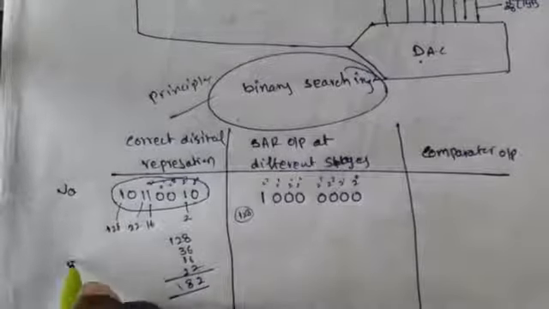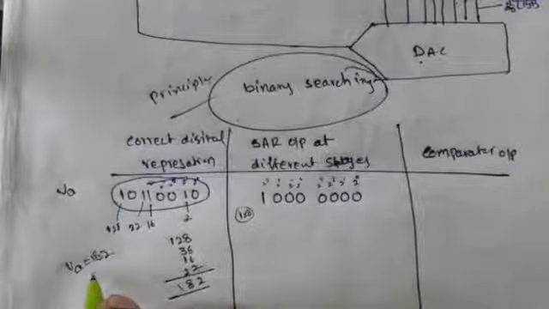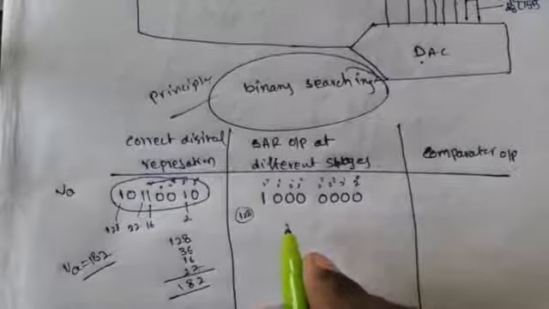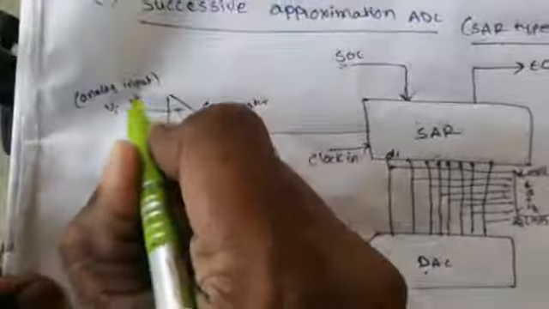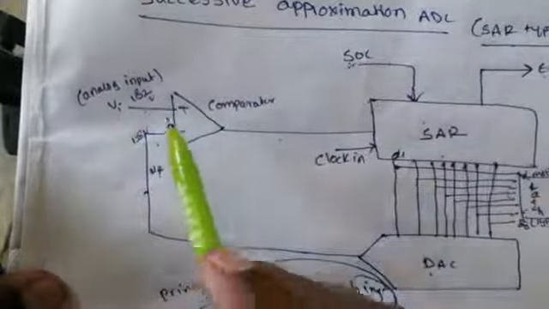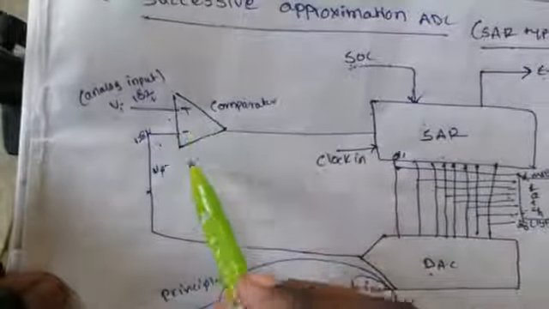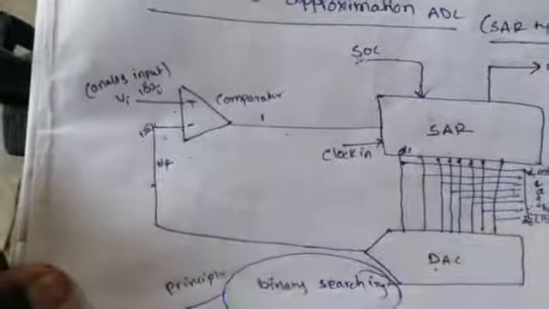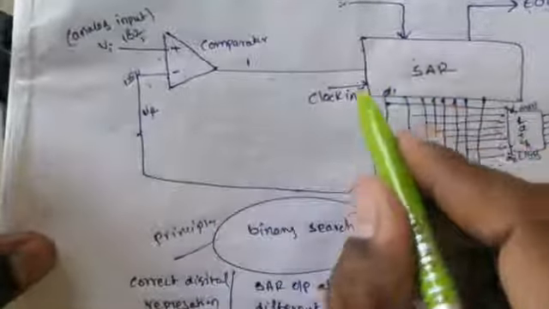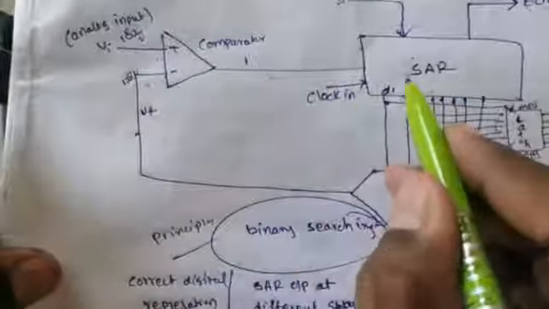So here the analog input voltage we are applying is 182, but when the MSB bit is 1, the reference voltage value is 128. So we are applying 182 volts, but the reference voltage is 128 volts. When we compare these two, the output of the comparator will be 1. Whenever the output of the comparator is 1, the clock will be applied to the SAR.